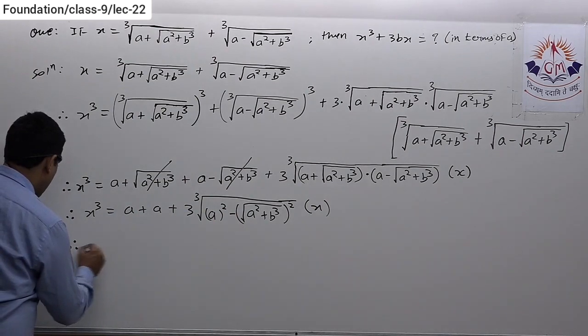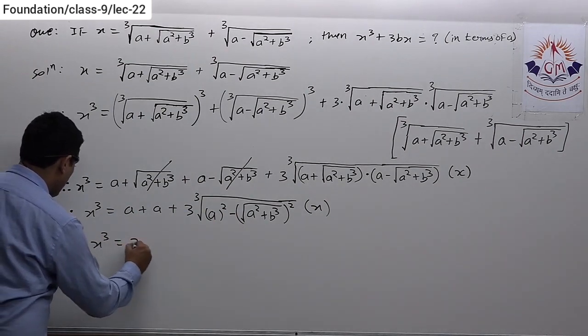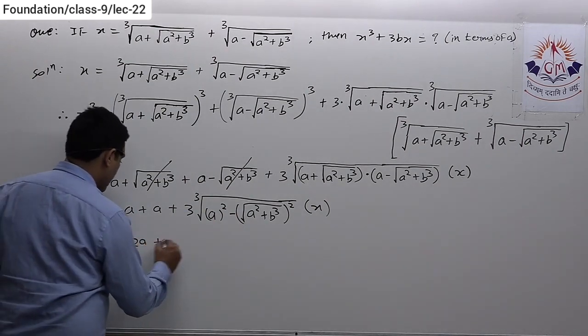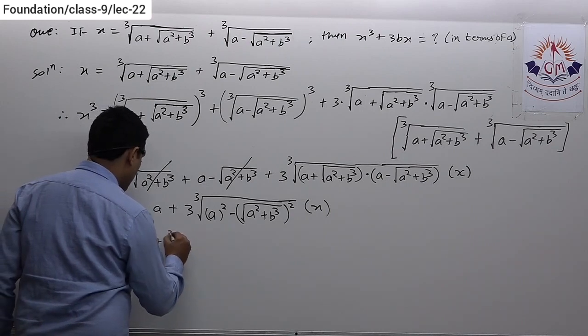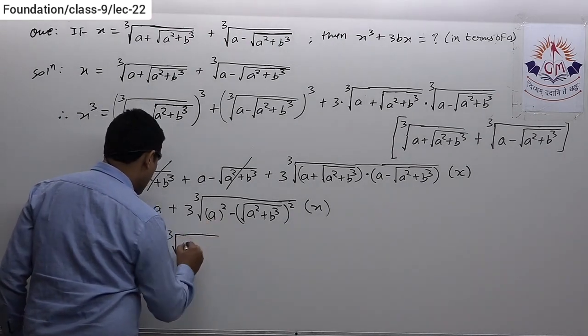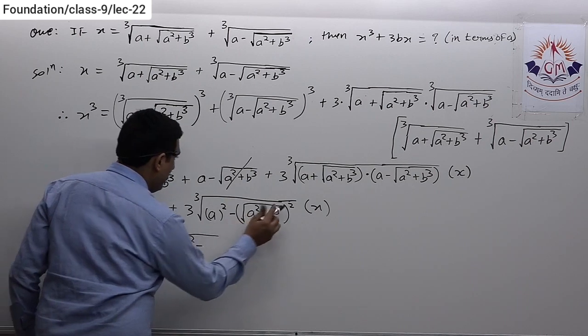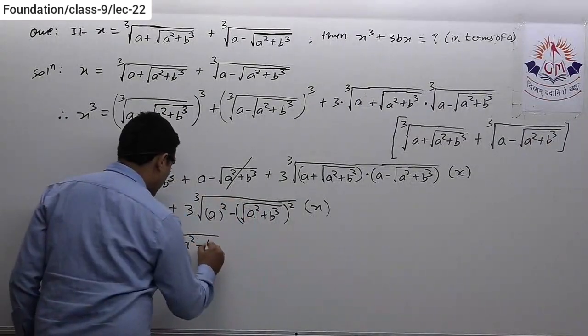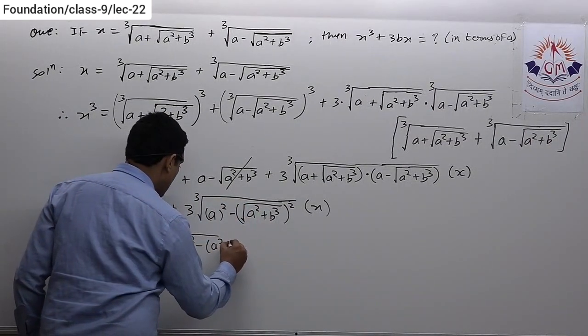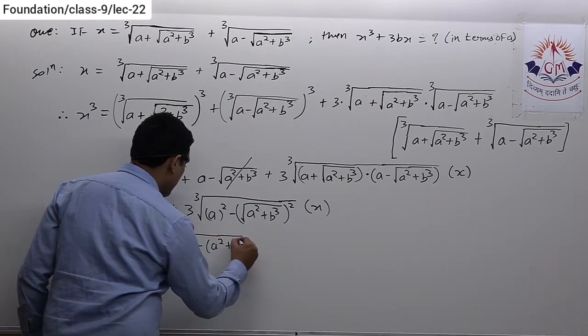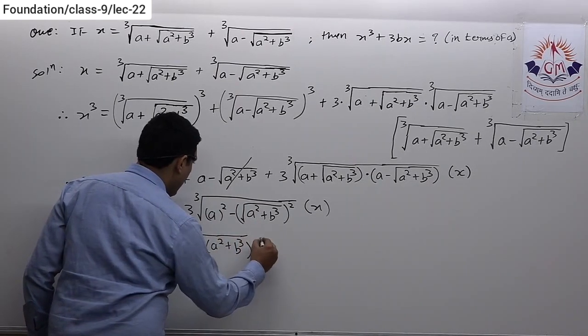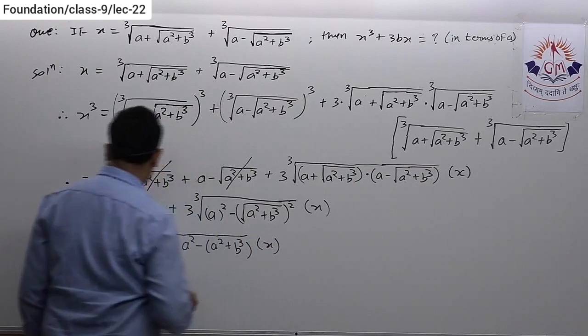Therefore here I will get x cube is equal to 2a cube root of, now over here this is a square minus, now this is square and square root sign will cancel out. So here I will get a square plus b cube multiplied by x.